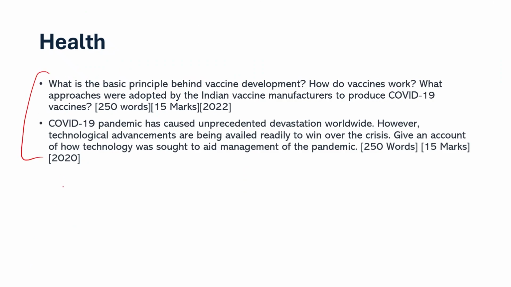So you can see that the questions on pandemic and COVID were asked back in the day, and a question was asked on basic principle behind vaccine development. How do vaccines work? What approaches were adopted by the Indian manufacturers to produce COVID-19 vaccines? Again, very simple structure. You just write the introduction, right?